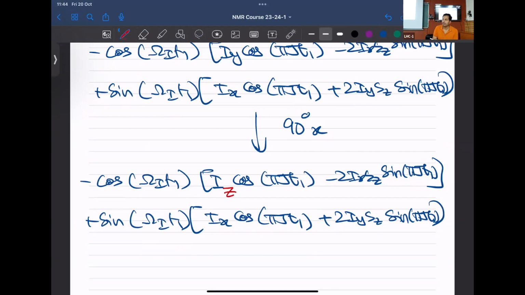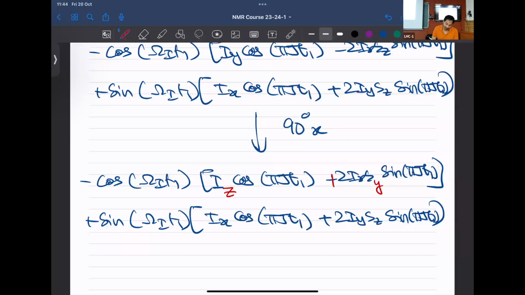Then if you have along X, X remains X, Z becomes minus Y, so minus of minus will become plus here, Ix Sy with a minus sign.